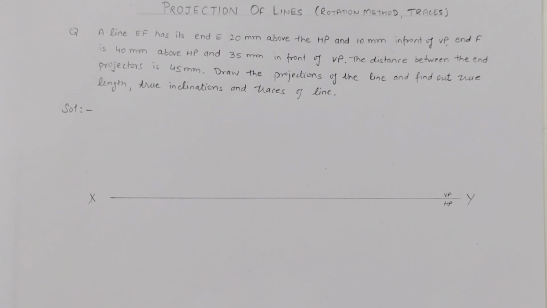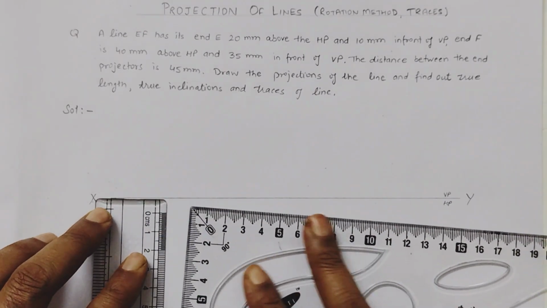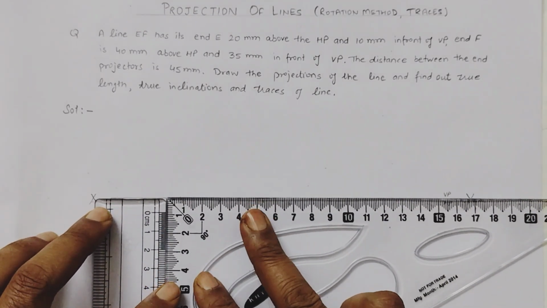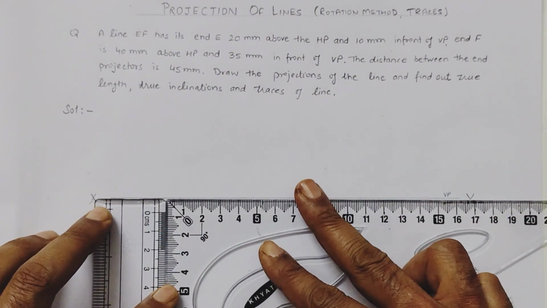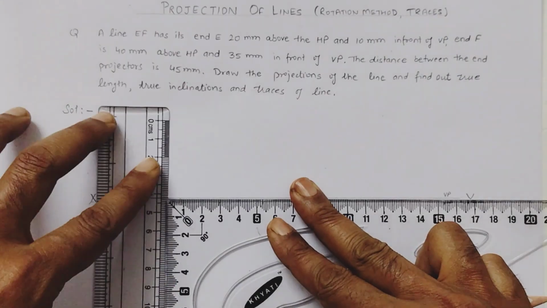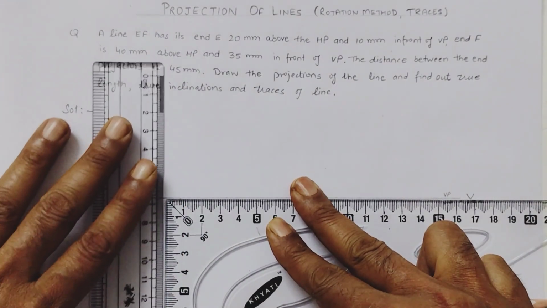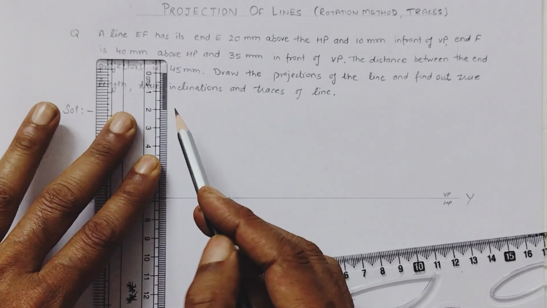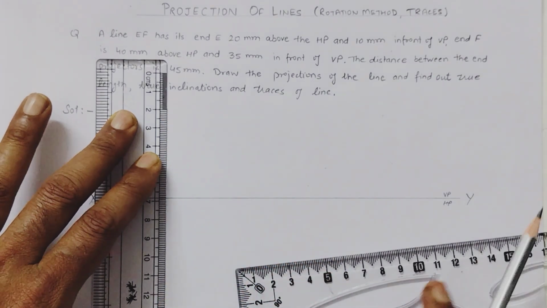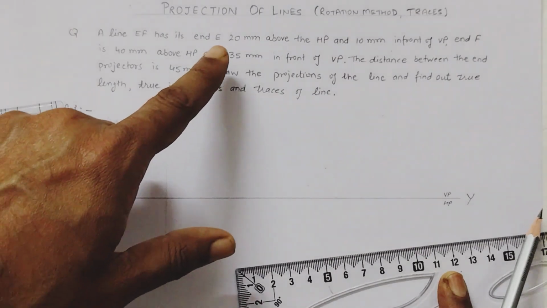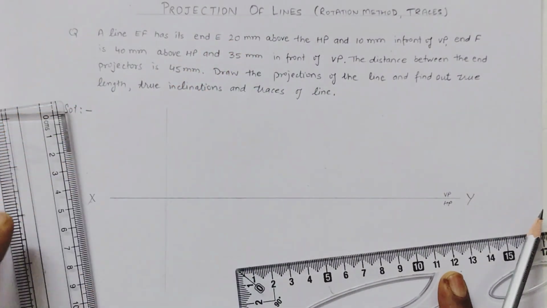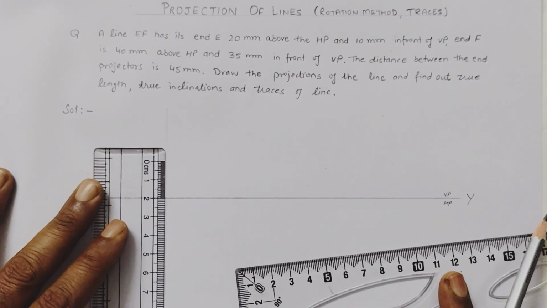Now we will draw the projector line for line EF. First, the projector line for point E. As given in the question, point E is 20 mm above HP, so we will mark 20 here.